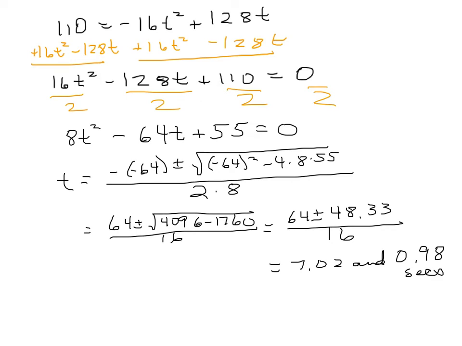So when the ball is rising in almost a second, 0.98 seconds, it crosses 110 feet and keeps rising. And then as it falls, when it gets to 7.02 seconds, it crosses that 110 foot mark again.